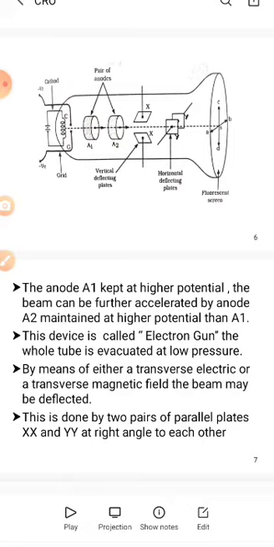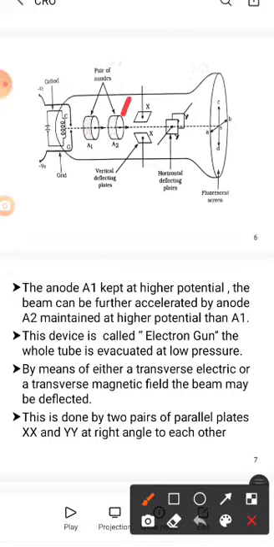Anode A1 is kept at a higher potential, and the beam can be further accelerated by anode A2, which is maintained at a higher potential than A1.